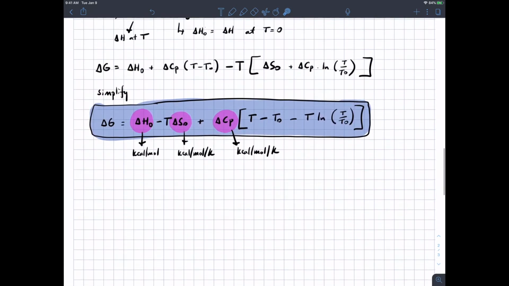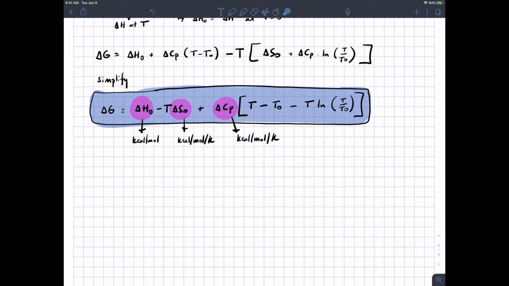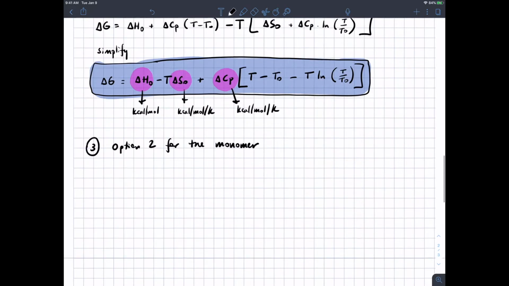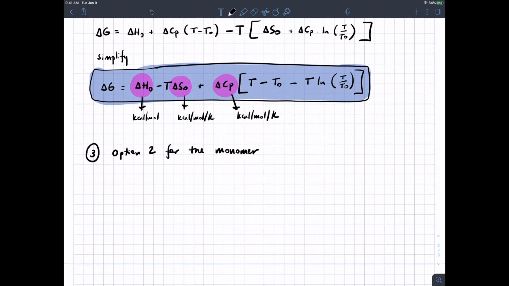All right, so finally, we're going to discuss a special case of option 2, which is for the monomer. Okay, and we've got this same expression that we've used before. For the monomer, we're going to let the reference temperature equal the melting temperature.